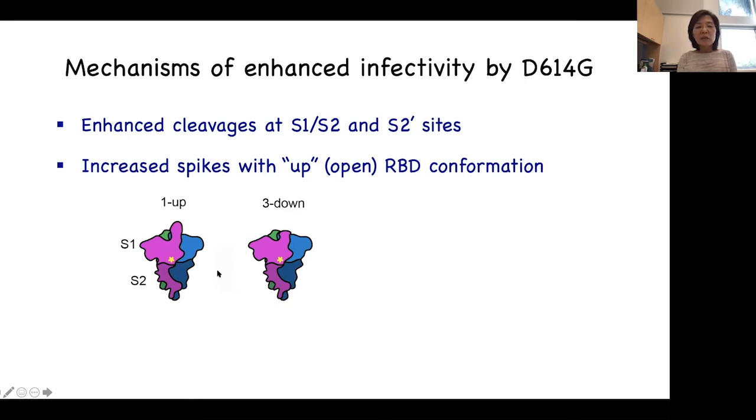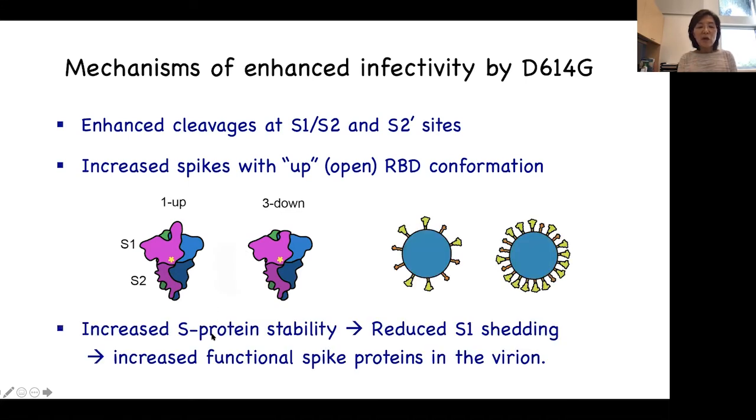The third hypothesis is our hypothesis. It's not originally ours, but we proved it with our data: that S protein stability is increased. There was a hypothesis that S protein stability is decreased, but anyway, increased stability reduces S1 shedding, and as a consequence it increases functional spike protein.